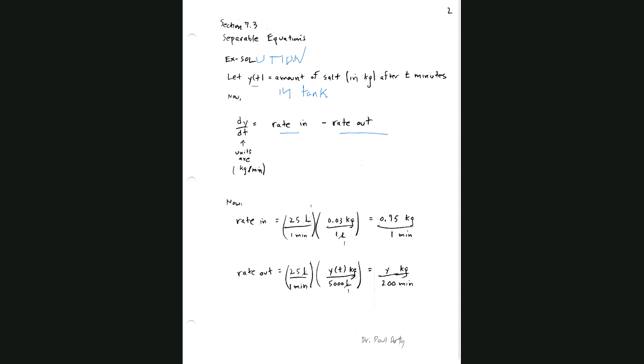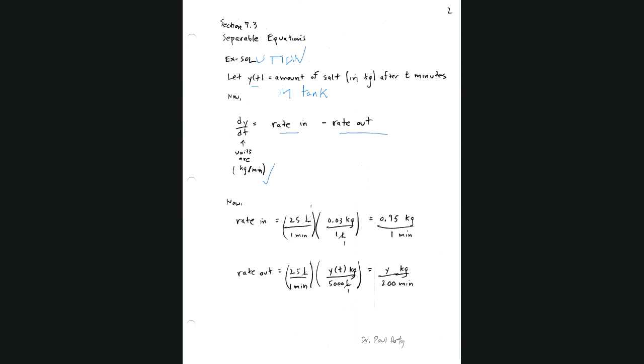Well, this means that now we can construct our differential equation. The dy dt is rate in minus rate out. My units are correct for the rates. The rate in is in kilograms per minute. The rate out is in kilograms per minute. So the difference in the rates, the units will be kilograms per minute.